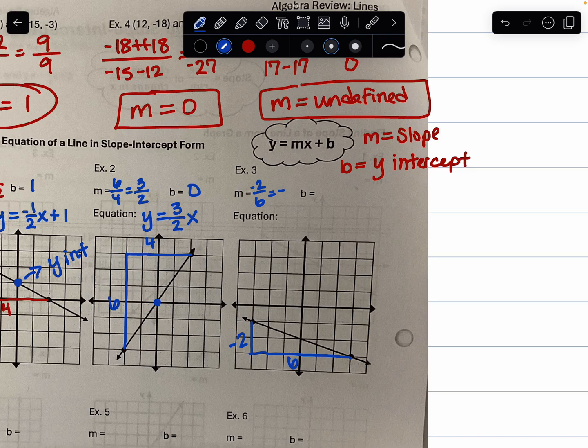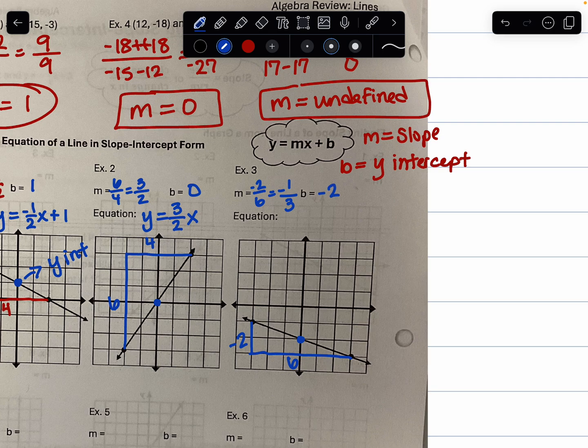What are they both divisible by, Cannon? 2. So what do you get when you divide them by 2? 3 and 1. Okay, 1 over 3, so negative 1/3. Okay, and then where does it cross the y-axis, Cannon? At the negative 2. Yep, negative 2.